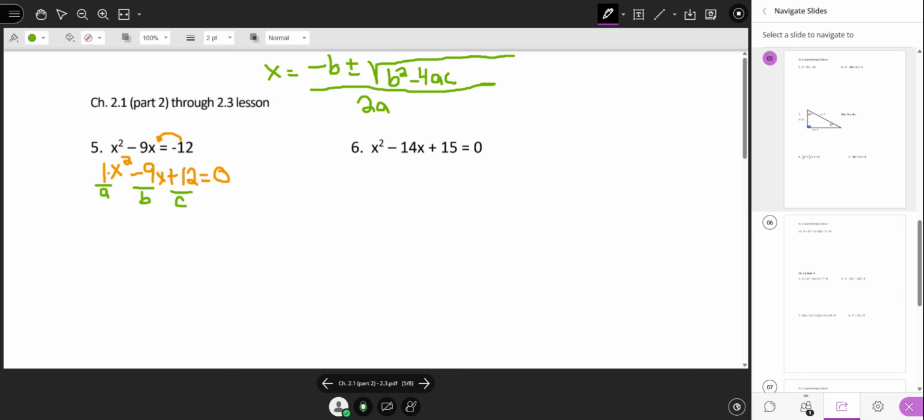So the opposite of negative 9 is positive 9, plus minus the square root. Now it's really, really important to use a parenthesis if the number is negative.